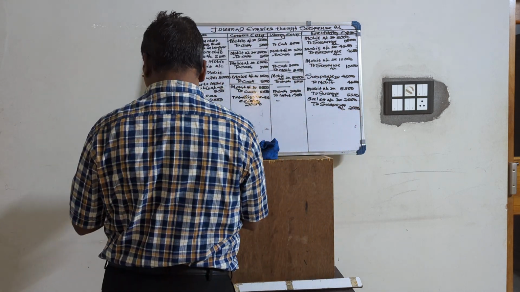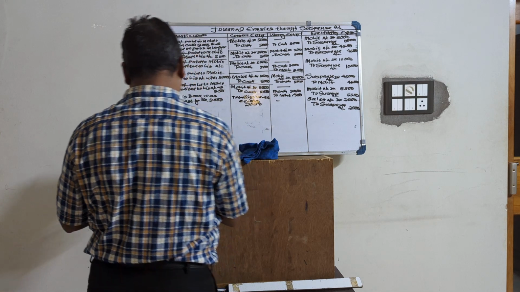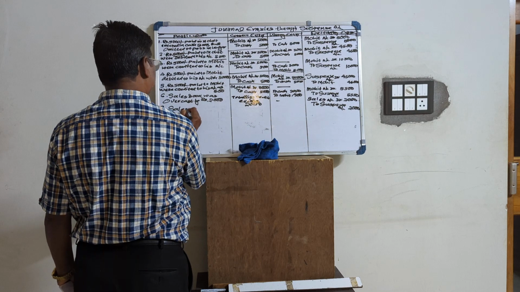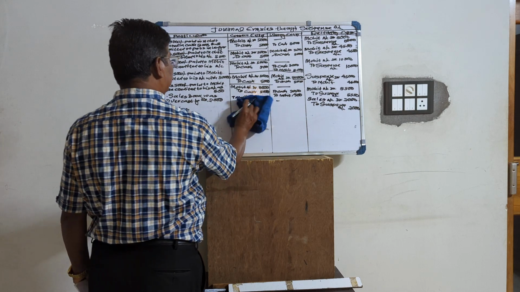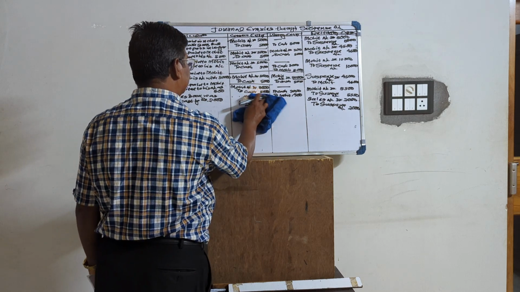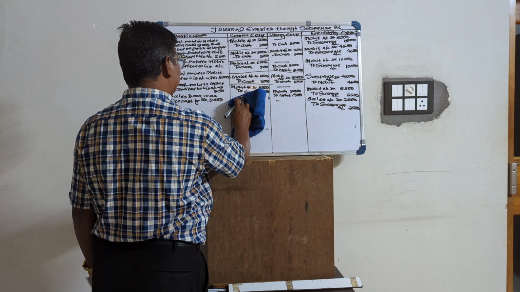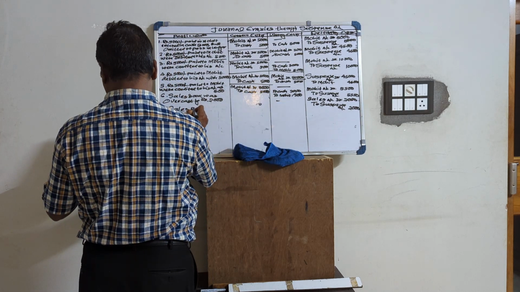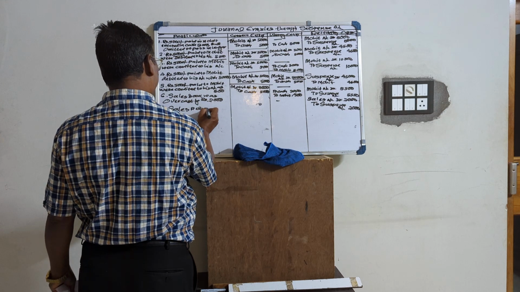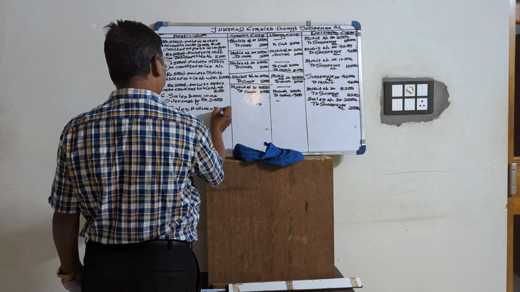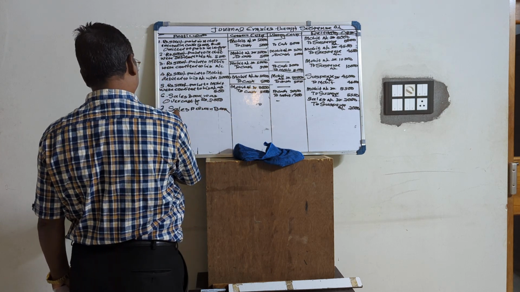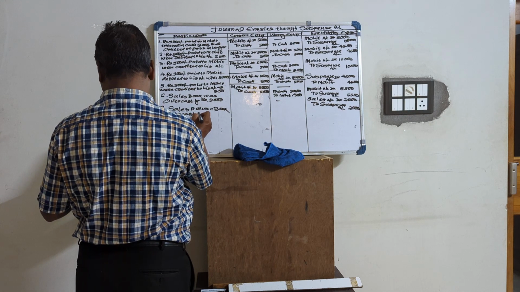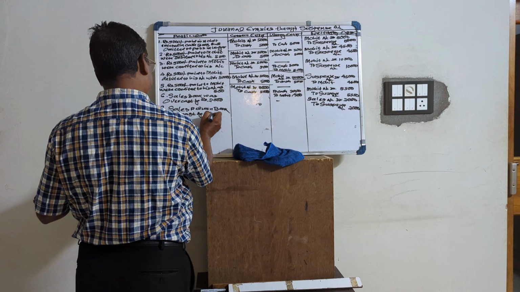Then 7. Sales return book undercast. Here nothing is required, debit is correct. This is a one-sided error. Sales return book undercast by 4,000.